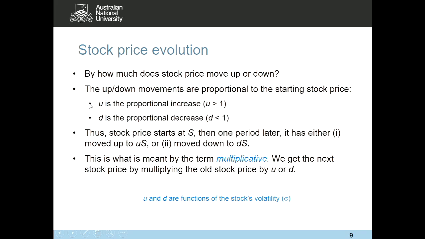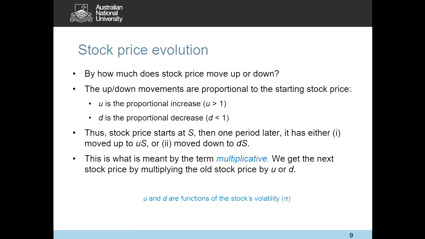I'm using this lowercase u to denote the proportional increase. U is going to be a number bigger than 1. For example, if the share price will increase 10%, then this little u will be 1.1, so 1 plus 10%. Then we take the current share price, S, multiplied by 1.1, and we get the share price in the up state.